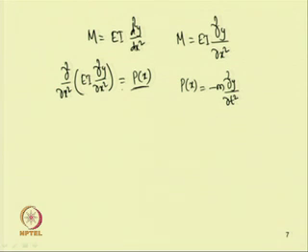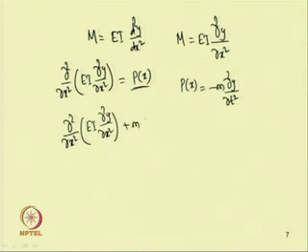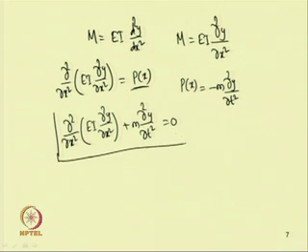So p(x) equals minus m, the mass per unit length, times del squared y by del t squared, which is the acceleration. So the equation becomes del squared by del x squared of E I del squared y by del x squared plus m del squared y by del t squared equal to 0. This is the Euler-Bernoulli beam equation.